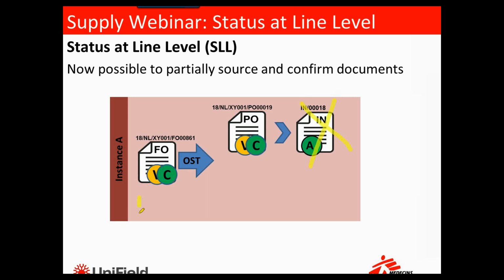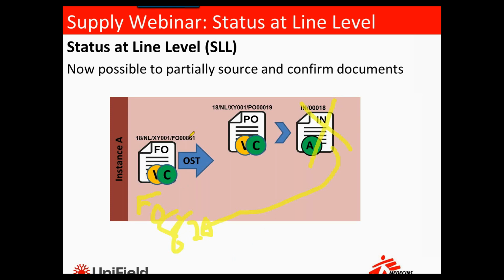UniField creates another field order 862. Forgive my writing skills. It creates field order 862, and then it adds the items that were here into this new field order, and this new field order will have in its header a reference to the old. It says origin document was 861. You know this, right?